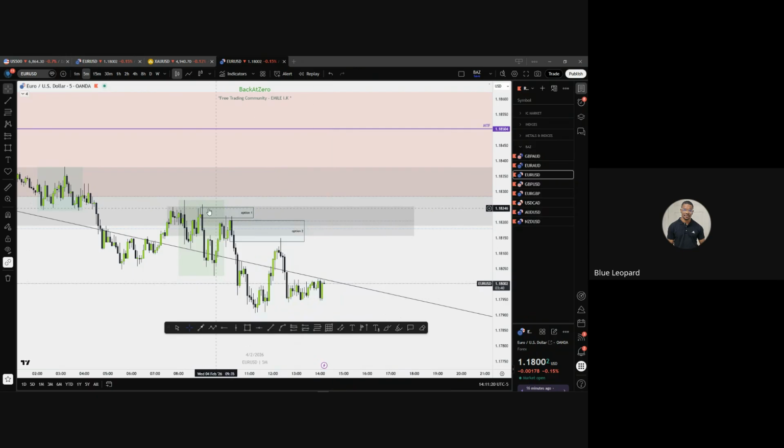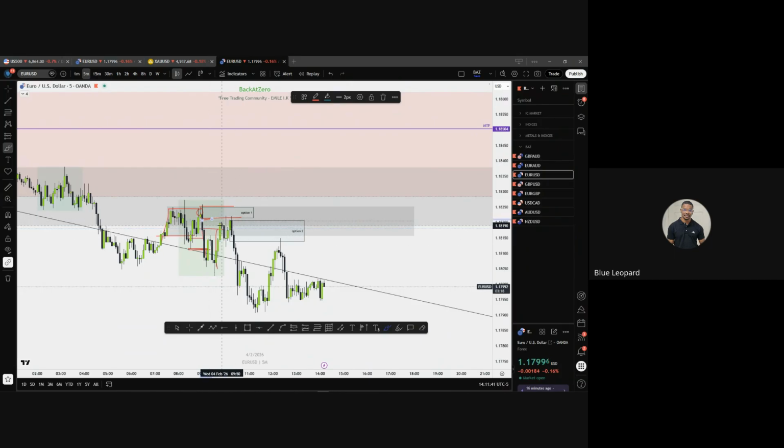Okay, you have option 1 here from the first leg that took out price out of this range. This is the M30 range. You see, when price broke out of it here, it came from here. That is our first entry. And after confirming the break of structure, price retrace inside, I don't care about the fair value gap or anything else.